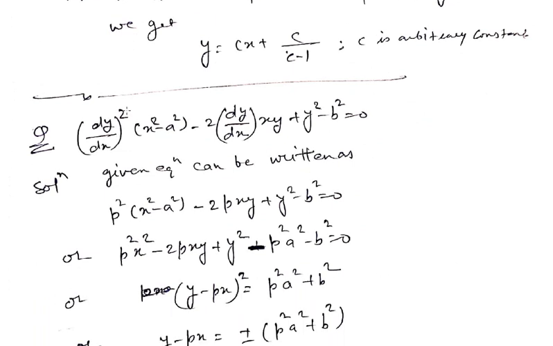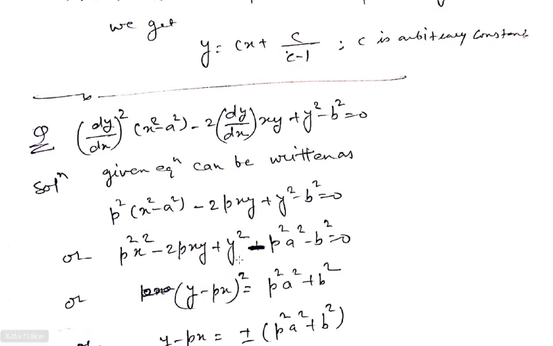Let's take one more problem. We have (dy upon dx) whole square into (x square minus a square) minus 2 dy upon dx into xy plus (y square minus b square) is equal to 0. First we write dy upon dx as p here. So it becomes p square (x square minus a square) minus 2pxy plus y square minus b square. Now taking the first, third and fourth terms together, it becomes p square x square minus 2pxy plus y square.